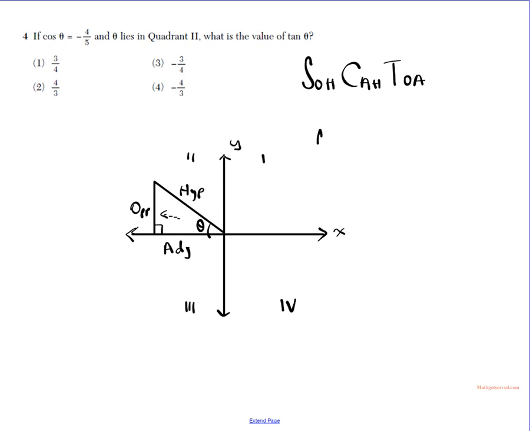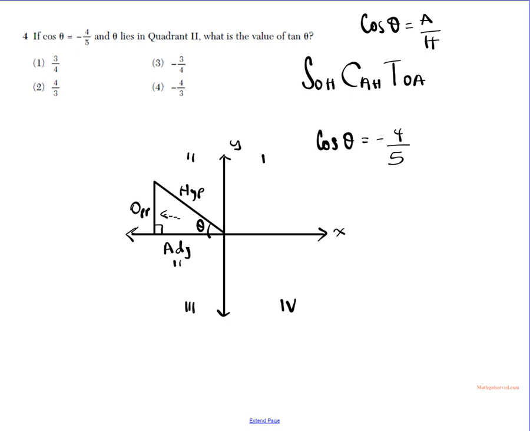I know that cosine theta is negative 4/5. So using CA, what does CA tell me? CA tells me that cosine of an angle is the adjacent over the hypotenuse. I know the hypotenuse doesn't have a sign because it's a radius, so the negative has to be on the 4.